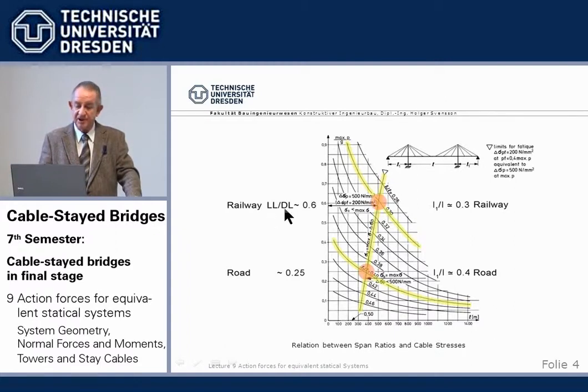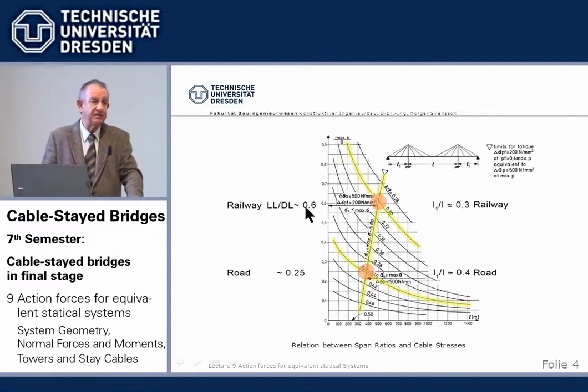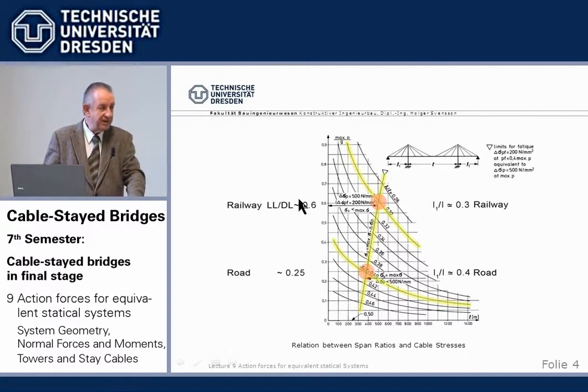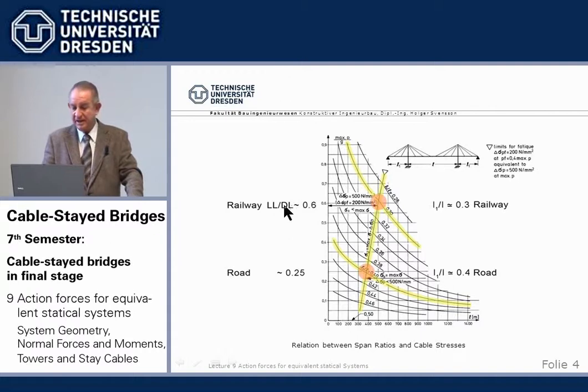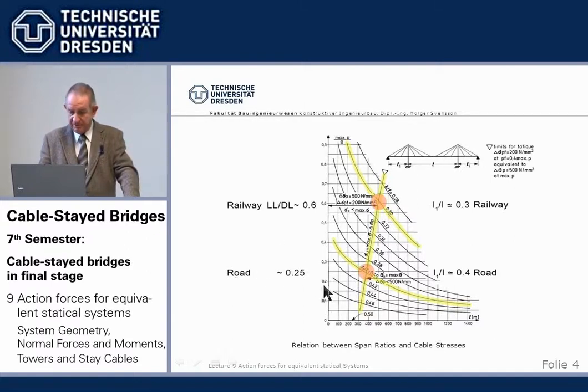Then the live load may be, say, 60% of the dead load, of the weight of the steel beam. And if we have a concrete road bridge, then we may have only 25% live load of the weight of the beam. And so if we go then here, this is the ratio, live to dead.